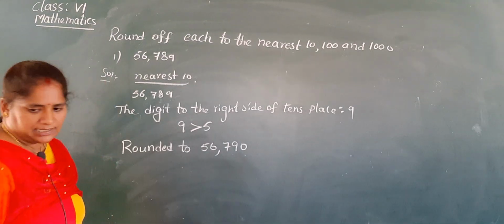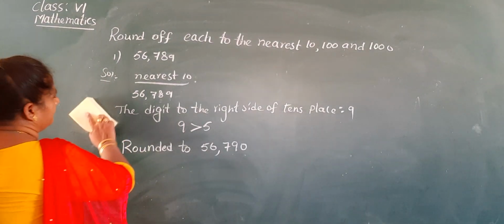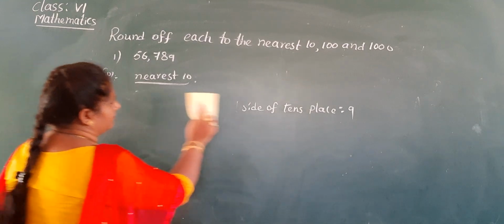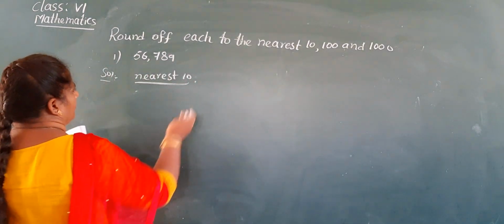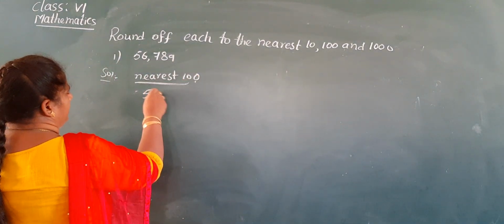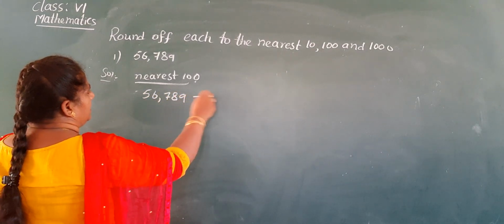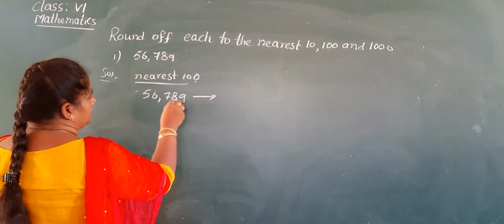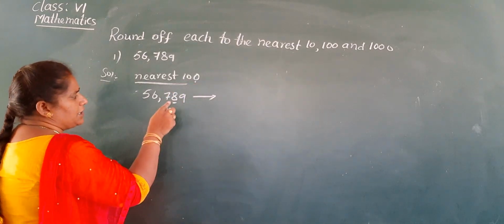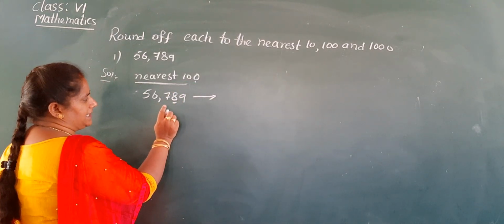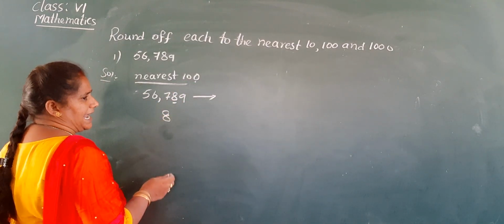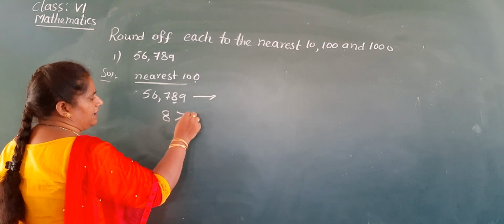Okay? Next, nearest 100. Same, nearest to 100 means, see the digit in the tens place. If they are asking hundreds, you observe the digit in the tens place. Here the tens place digit is 8. 8 is greater than 5.